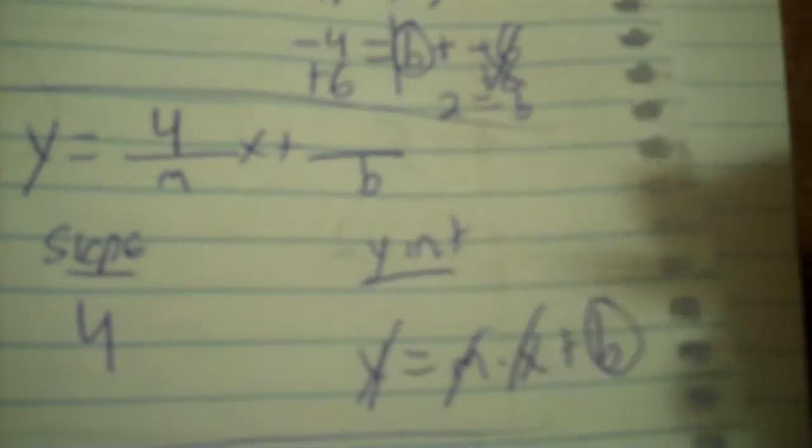Okay, so the slope is 4. Y-intercept, y equals m times x plus b. Circle the b because that's what you're solving for. That means every other variable needs out. So m is 4. Y and x, -2 would replace y, and then 3 would replace x.